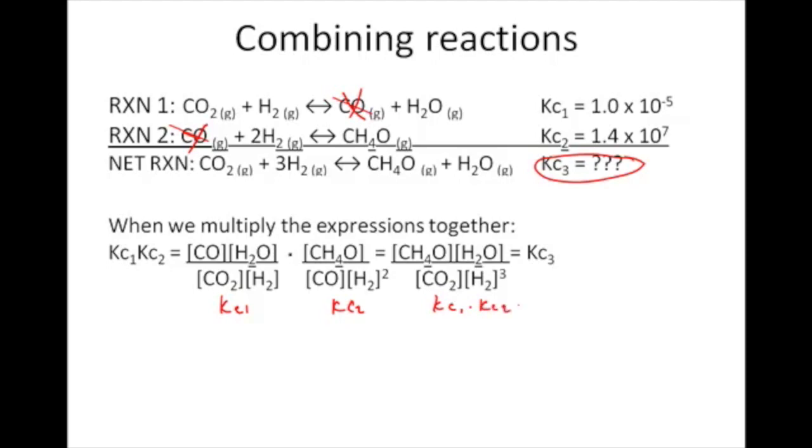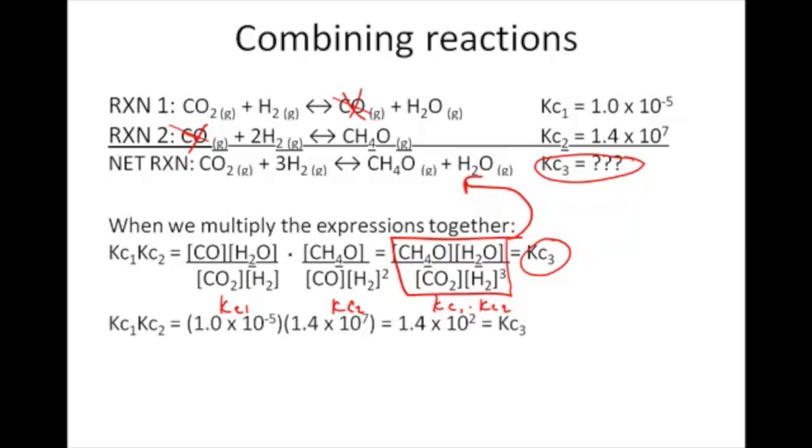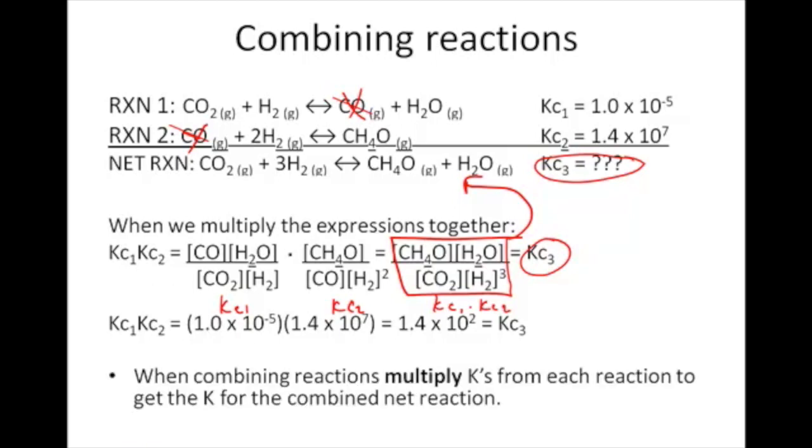And when we get that, we get our Kc3. This right here is the expression for this. This is what we're looking for. So here's a rule of thumb. When adding reactions, you simply multiply the K values. You multiply the K values from each reaction to get the combined net reaction.